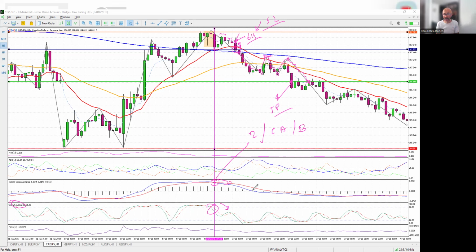So apart from that, I have MACD and stochastics, but of course, the most important thing is not just to trade based on candlestick patterns. Remember, we always trade based on our trading plan. So if according to my trading plan, my strategy, the hammer is valid and the MACD and the stochastics are valid, I proceed.